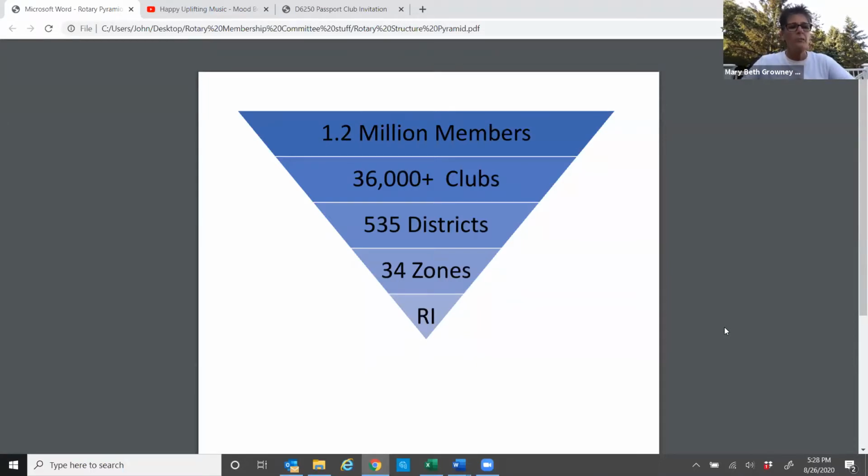The purpose, and I'm going to go back to the zones. The purpose of the zones today, I think, is really to help our clubs and our members be bigger, better, and bolder. We have several what are called regional leaders that, because they're geographically located, are very convenient to all of our clubs when we are looking for help, be it foundation help, be it membership help, whatever, they're there to help us.